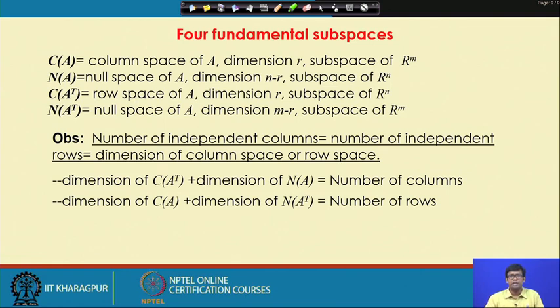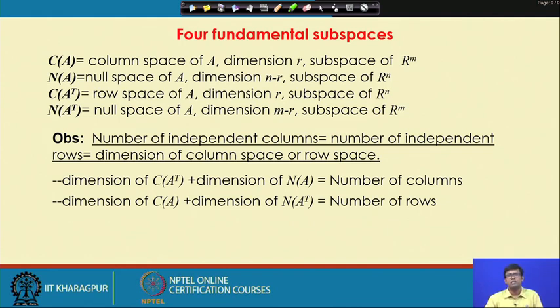Null space of A has dimension n minus r, and it is a subspace of Rn, where n is the number of columns, sorry, and therefore these are the number of elements in one particular row vector. Row space of A is denoted by C of A transpose, or column space of A transpose, and has the same dimension as column space, because the number of independent columns is the same as the number of independent rows, and it is a subspace of Rn. n is the number of components in a row vector, which is equal to the number of columns.